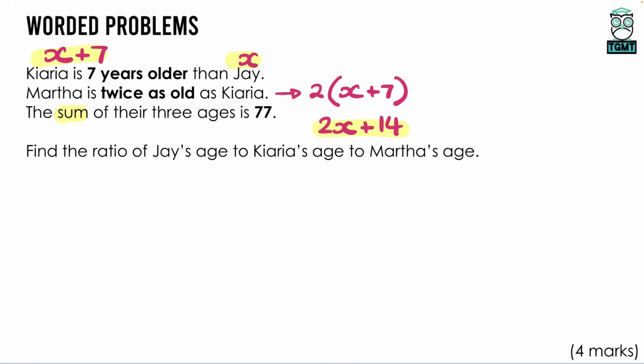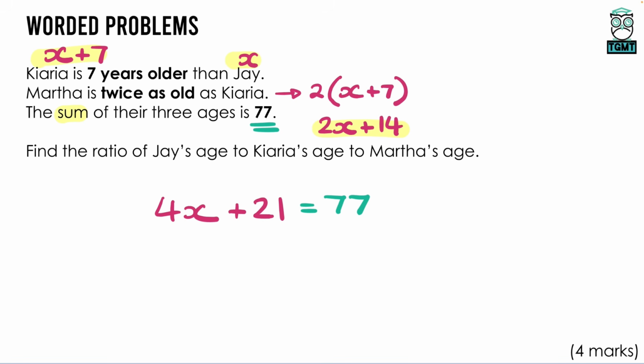We've got 1, 2, 3, 4, so 4 x's, and there's a 7 and a 14. In total, that's 21. So that's an expression for their total age, but the question tells us that's equal to 77. I now have an equation that I can solve.